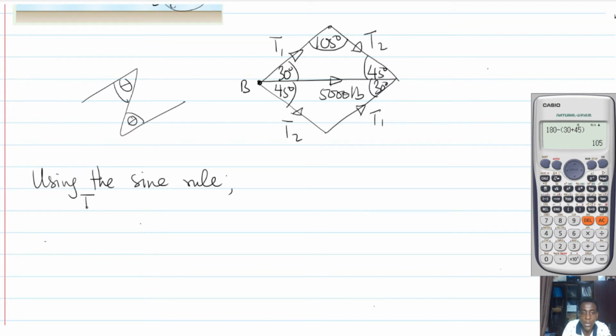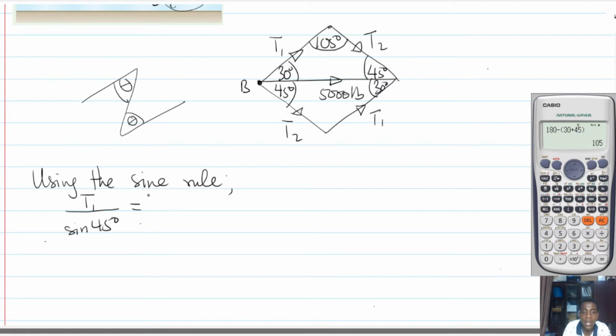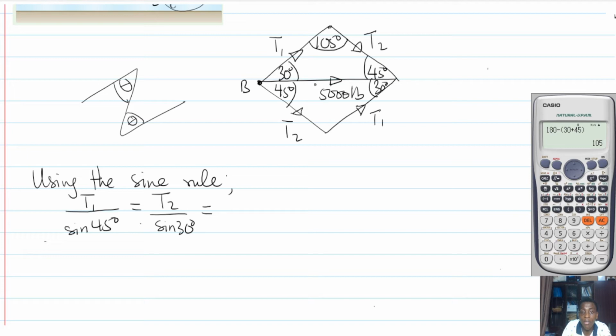So T1 divided by sine 45 is equal to T2 divided by sine 30, since T2 is opposite the 30. And that should be equal to 5,000, which is opposite 105, so 5,000 divided by sine 105.